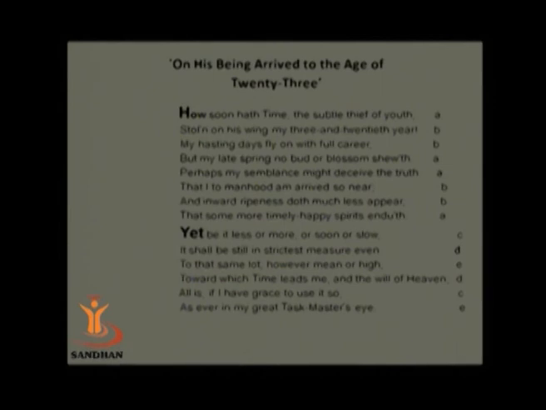Here again we find that time has been capitalized within a sentence, and again taskmaster's T and M are capital. So time that is personified in the first stanza, that same time is repeated over here as personification.